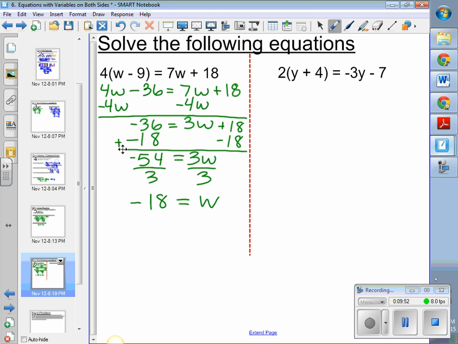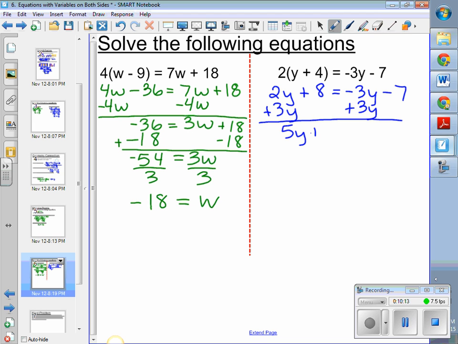All right, distribute over on this problem. 2y plus 8 equals negative 3y minus 7. All right, so I'm going to add 3y to both sides, and I get 5y plus 8 equals negative 7.